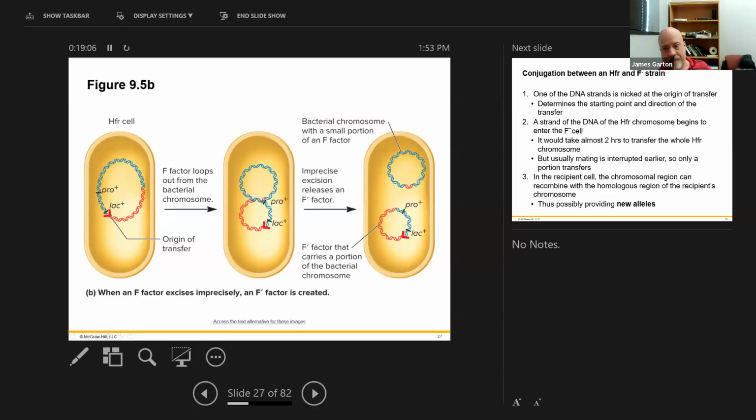And you can actually time the amount of minutes it takes to transfer gene 1 or gene 2 or gene 3 and so forth. And the longer it takes to transfer these genes simply means it's further away from the origin of transfer.